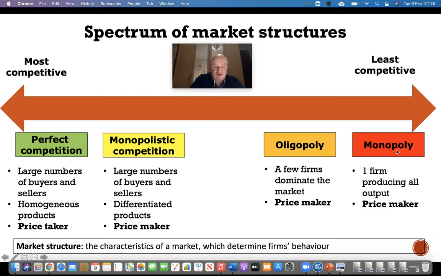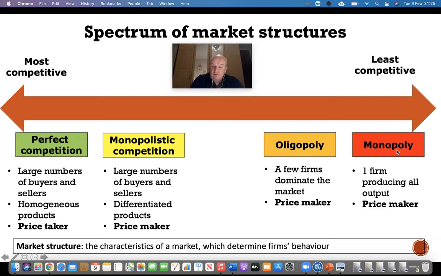Because of that, the individual sellers are able to price make. They can charge different prices for their goods and services because they are different from some of the other products in that marketplace. So it's similar to perfect competition, but where you've got differentiated products, you are able to influence the price that you can sell your product at.